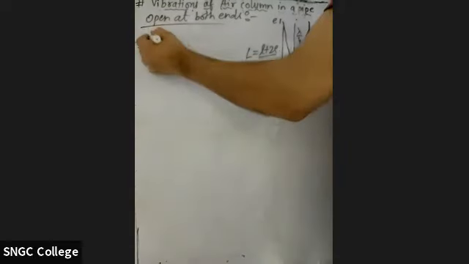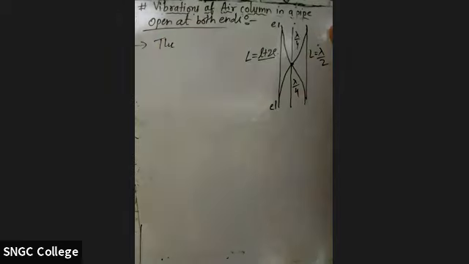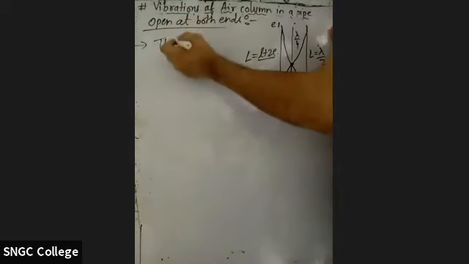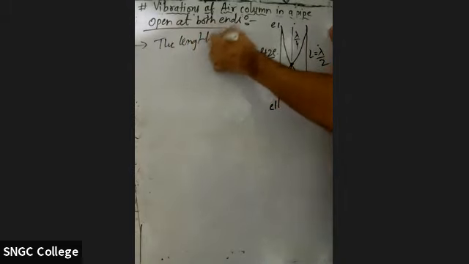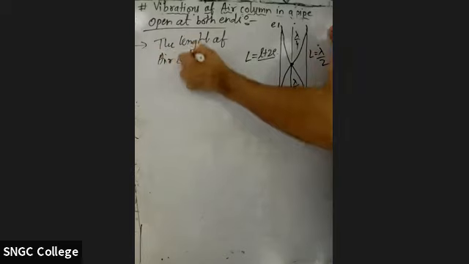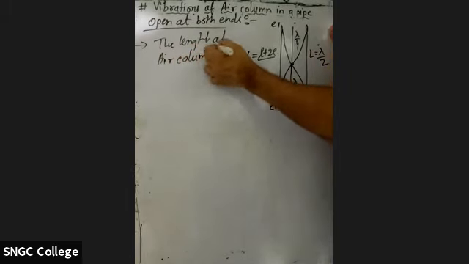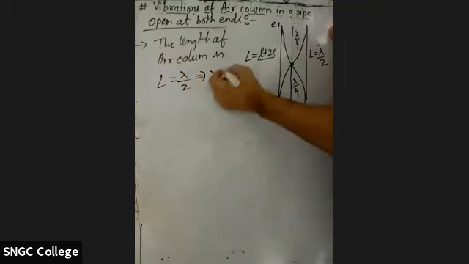So here we can write, the length of air column is L equal to lambda by 2. So from here we can write lambda equal to 2L.